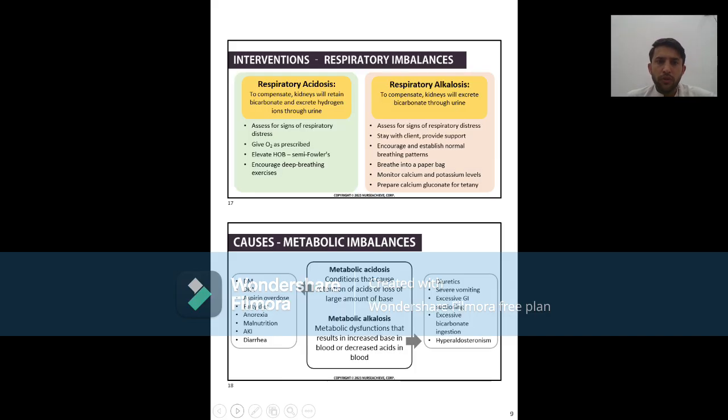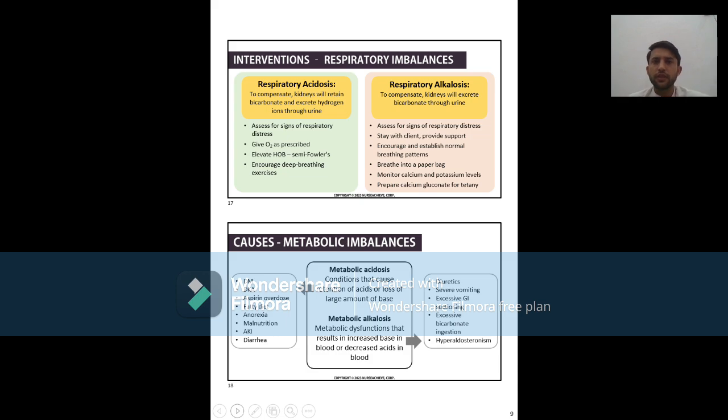We have to provide oxygen as prescribed, because in respiratory acidosis hypoxia is common. We have to keep the head of the bed elevated in semi-Fowler's position to give the lungs space to easily inhale and exhale. Encourage the patient to deep breathe to exhale CO2.